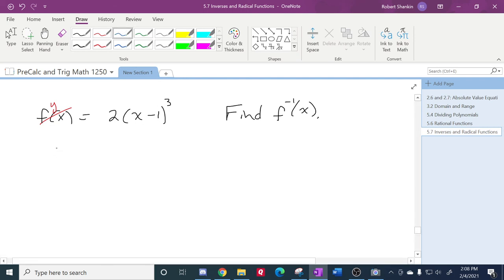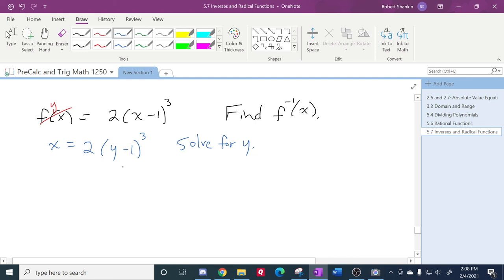So I'm going to interchange x and y. That's step one. Now I solve for y.